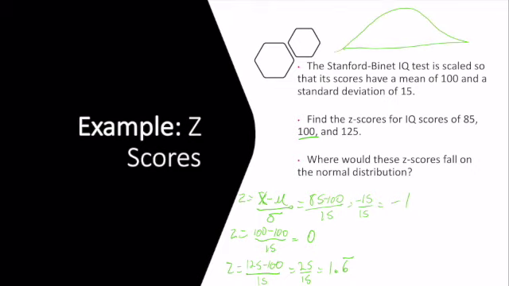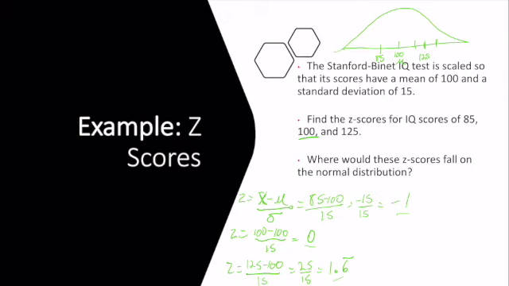So why don't we go ahead and say, where do these fall in a normal distribution? So I've got 100, this is my mean. 85 is over here, it's one standard deviation below, and 125 is over here, it's like 1.6 standard deviations above the mean.